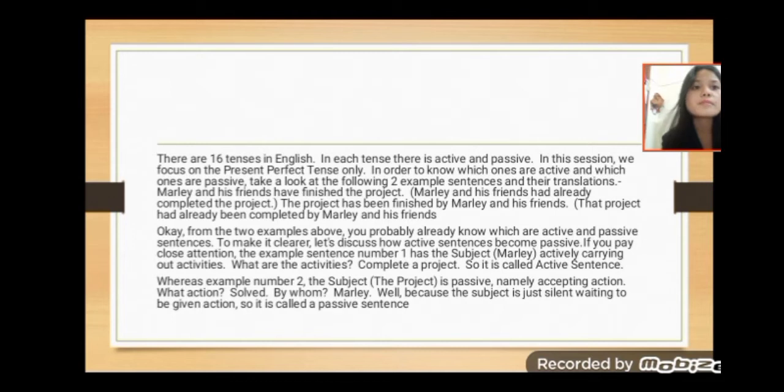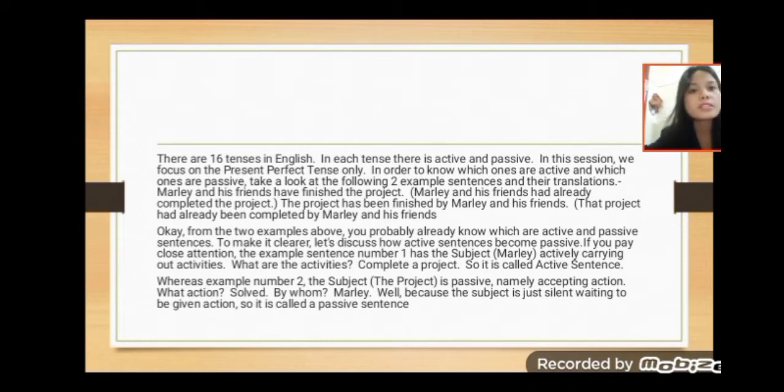The project has been finished by Merle and his friend. The project had already been completed by Merle and his friend. Okay, from the 2 examples above, you probably already know which are active and passive sentences. To make it clear, let's discuss how active sentences become passive.